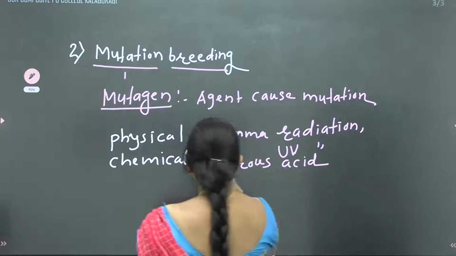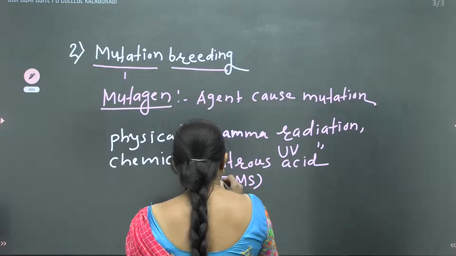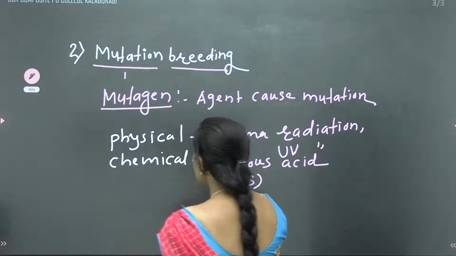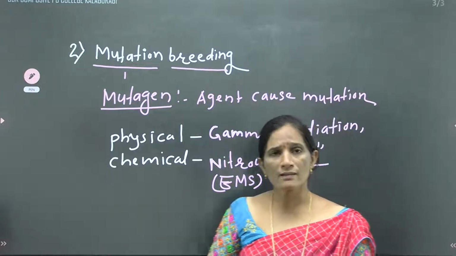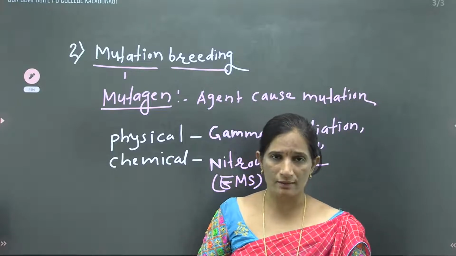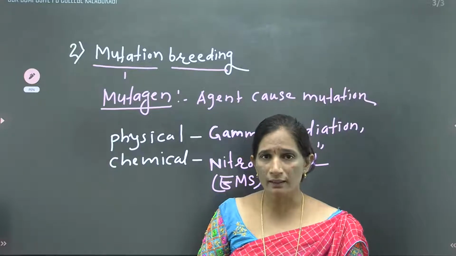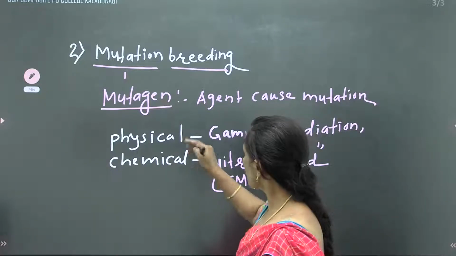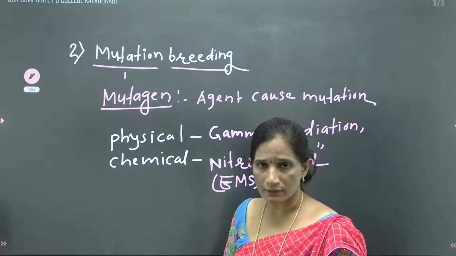Short form we call it EMS, ethyl methane sulfonate. So these are the chemical mutagens, meaning seeds are exposed to chemical substances. Due to that, sudden change. So the mutagen may be physical or chemical.